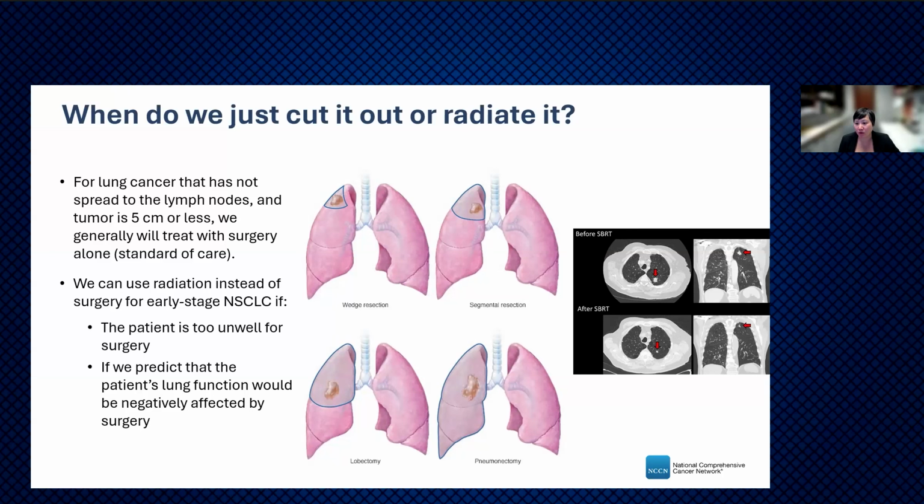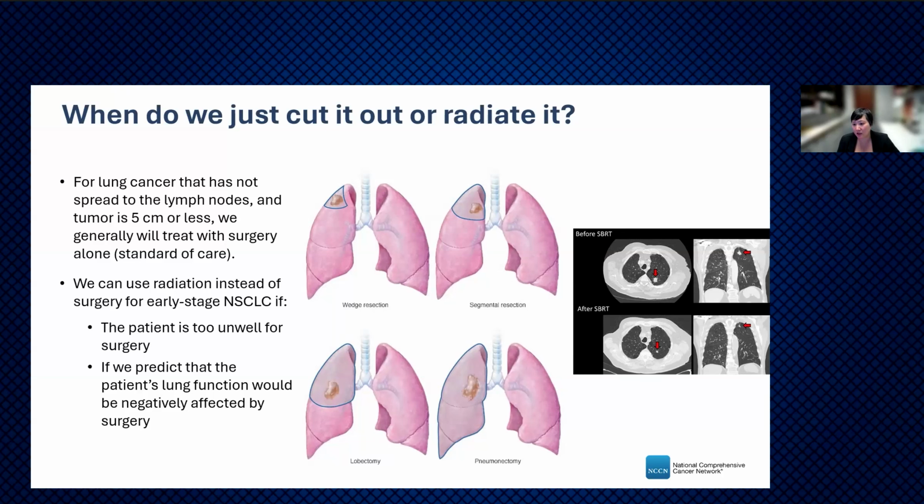So you may have heard about, well, my right lung has 3 sections or lobes, and my left lung has 2 sections or 2 lobes. And within those lobes, there are also little segments. So sometimes they can take a segment out. If the tumor is bigger or closer to the middle of the lung, they will have to take out the whole lobe of the lung. And in rare circumstances, we sometimes will take out the entire lung. And so that is a discussion with the surgeon about what's safe and what's best.